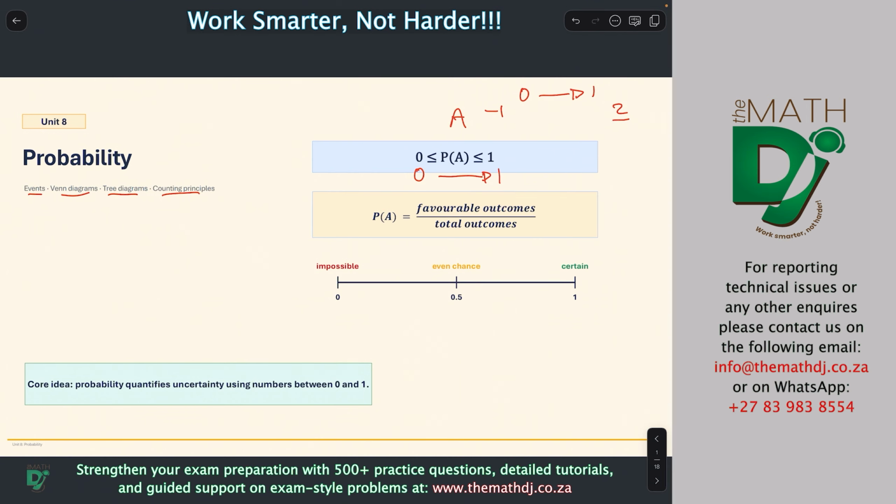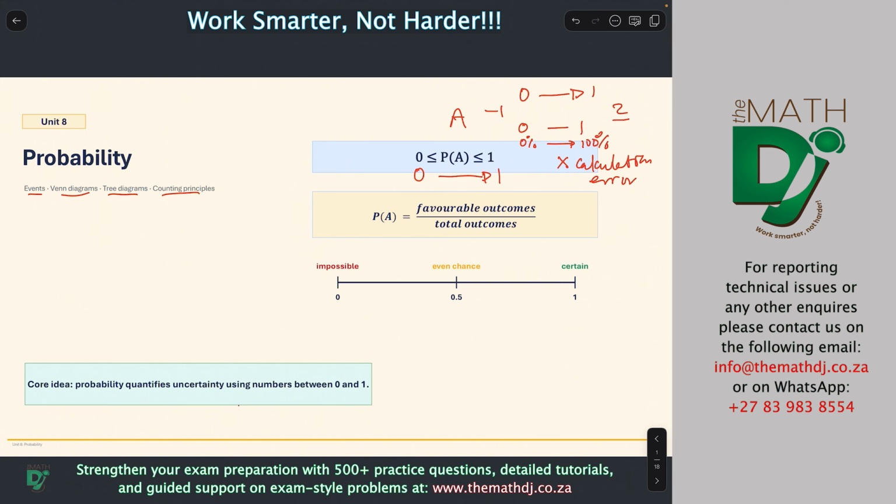So the 0 represents 0% up to 100%. So if you get probabilities outside of this range, you know that you've made a calculation error. That's what it means. Probability is always between 0 and 1.